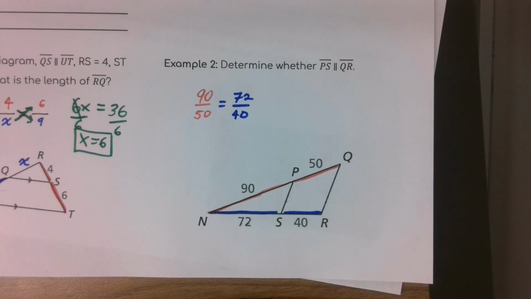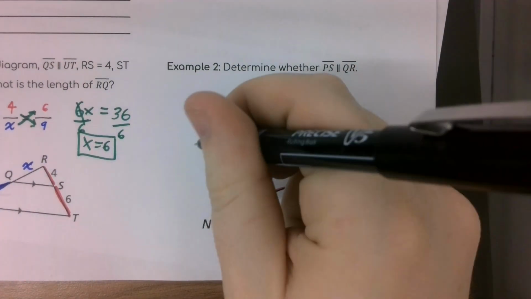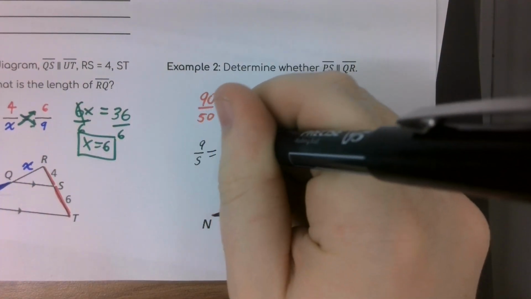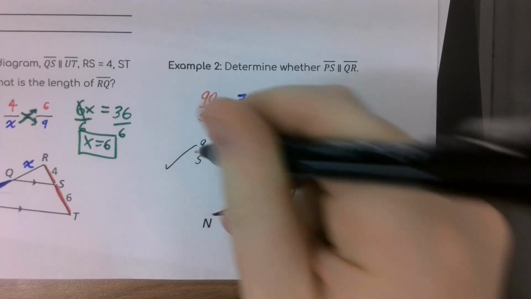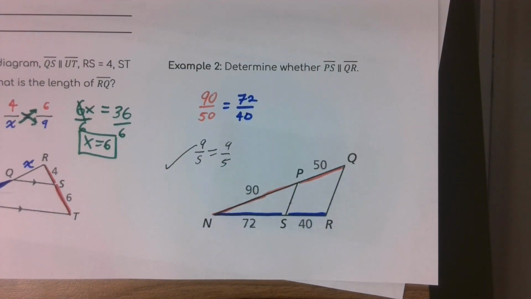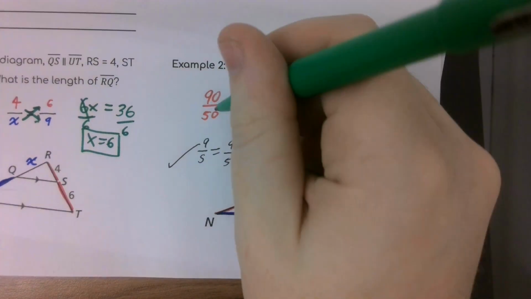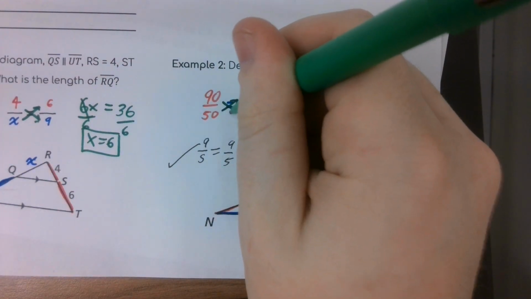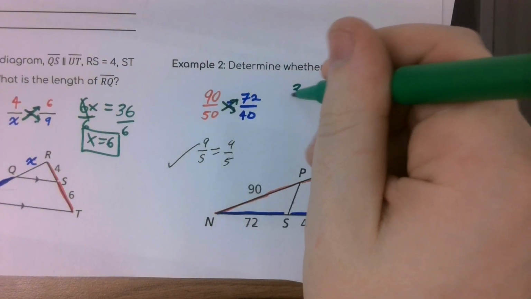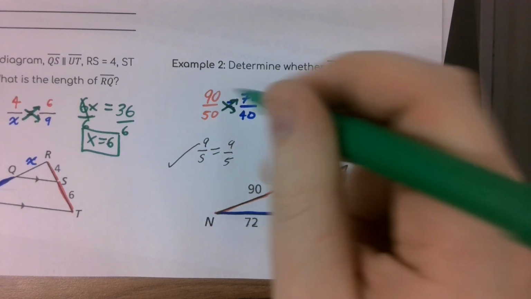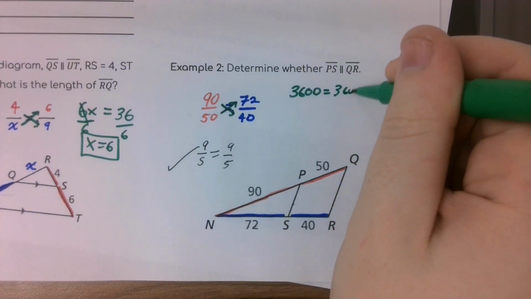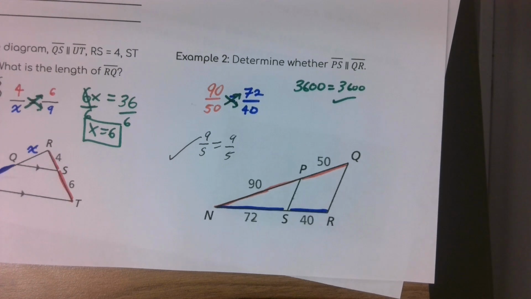One is you can just simplify both of these fractions. You get 9/5 equals 9/5, which is true. But another way is we can cross multiply just like before. 50 times 72 is 3,600. 90 times 40 is 3,600. Yeah, it's proportional. That means that PS must be parallel to QR. Nice.